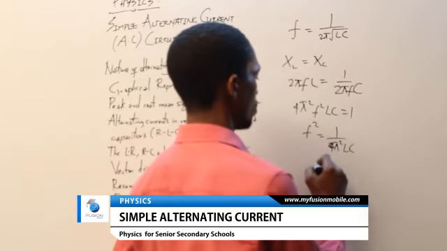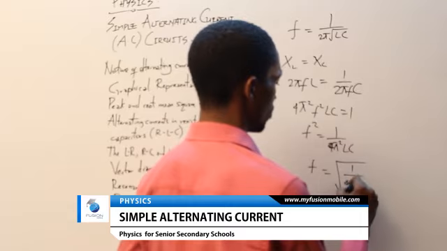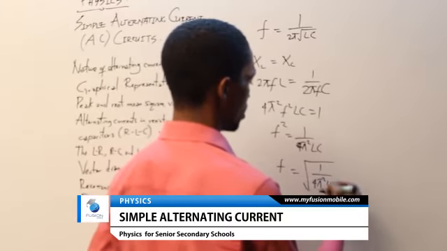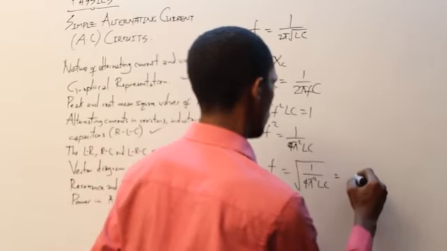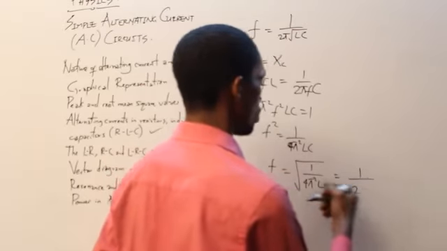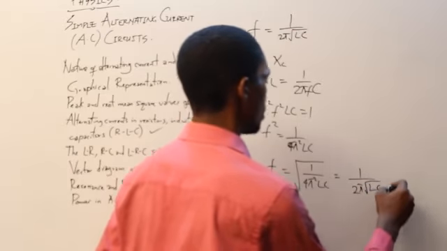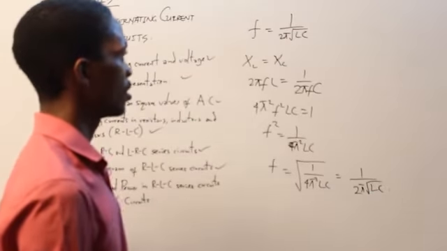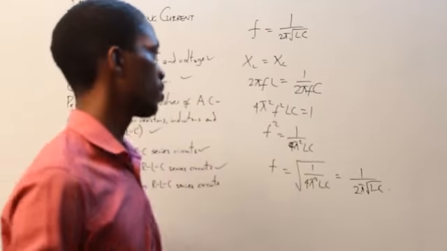And when you find the square root, F equals the square root of 1 over 4 pi squared LC. The square root of 1 is 1, the square root of 4 is 2, the square root of pi squared is pi, and we have LC remaining under the square root. So that's how we came about the expression.